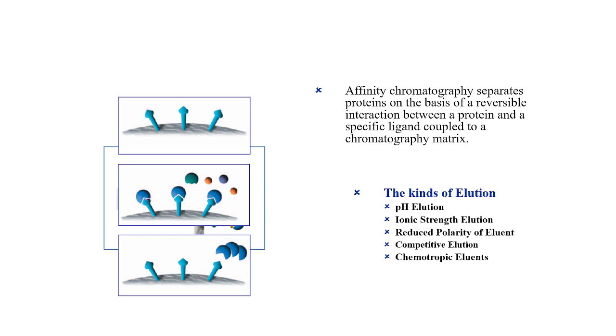So you see, this is already fixed to the matrix, and then your proteins come and bind over here, and when something else binds here more tightly, this opens up and that just keeps binding.